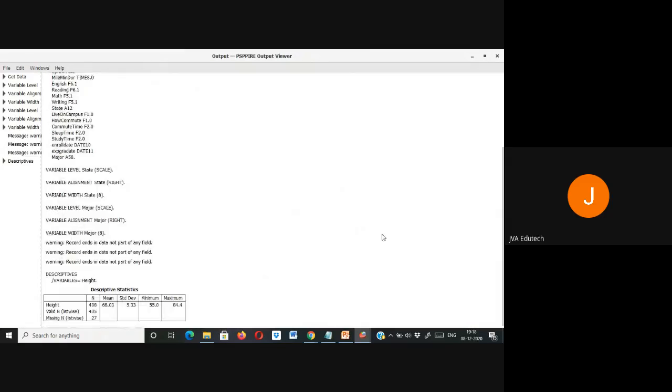Now my output says that the minimum height in my population is 55 and the maximum is 84. The mean height in my population comes out to be 68.03 and the standard deviation is 5.33.